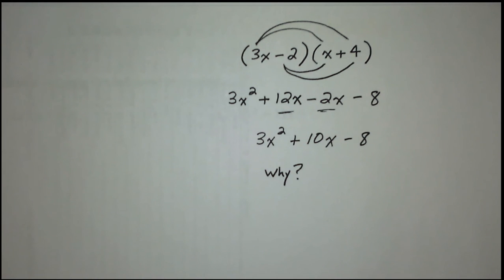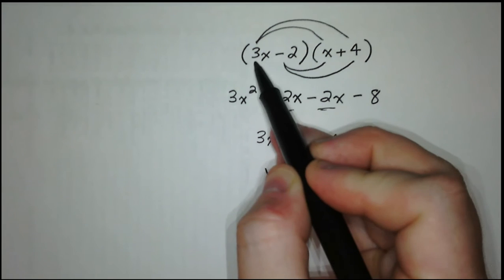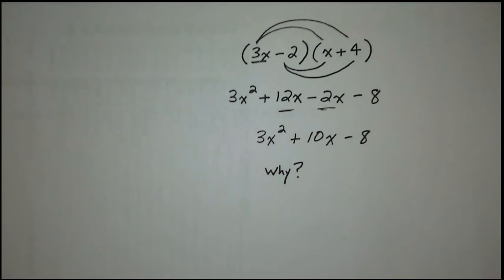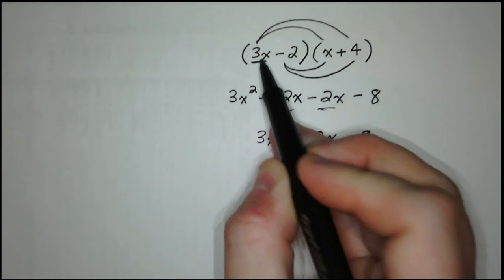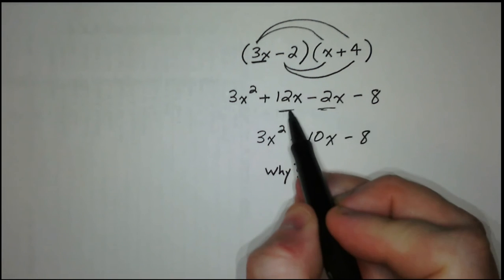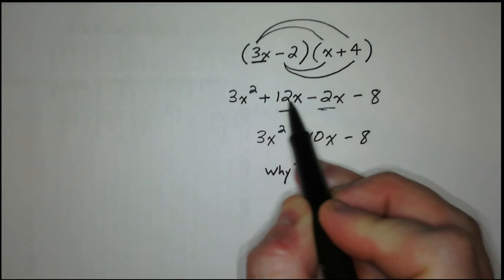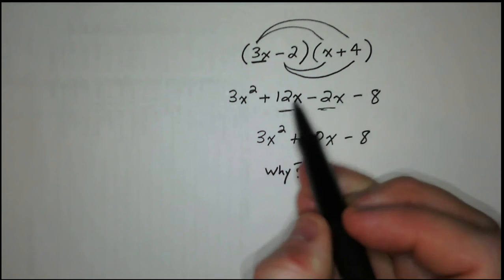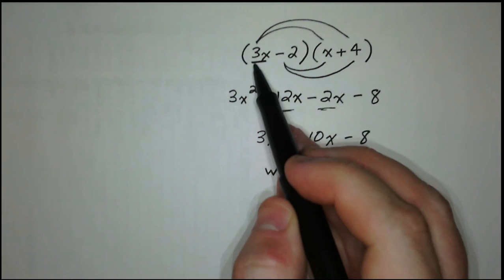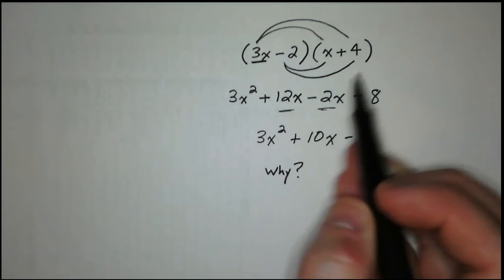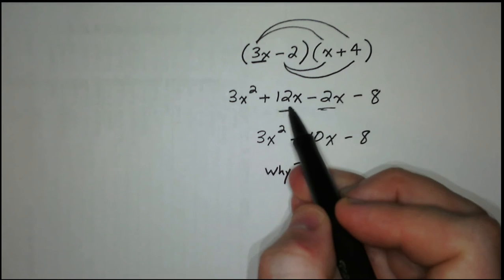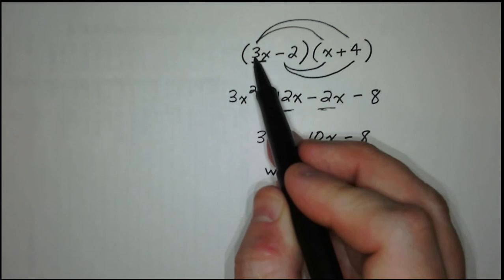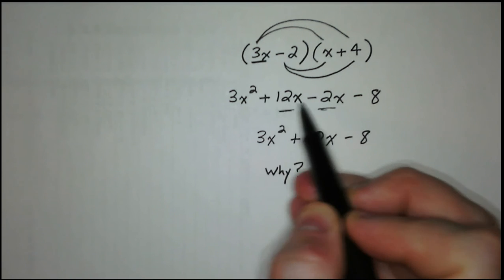Well, here's pretty much the reason. Since this term out here was not just an x, it was a 3x, this term here didn't end up being 4x. Because if that would have just been an x, then this term here would have just been a 4x. But since that was a 3x, this turned into a 12x.